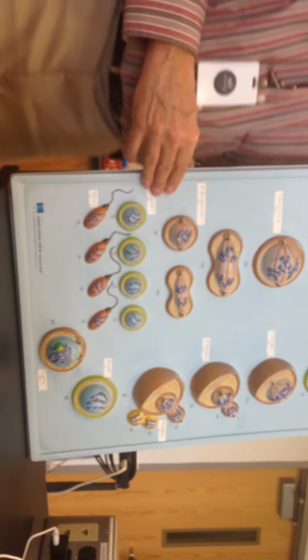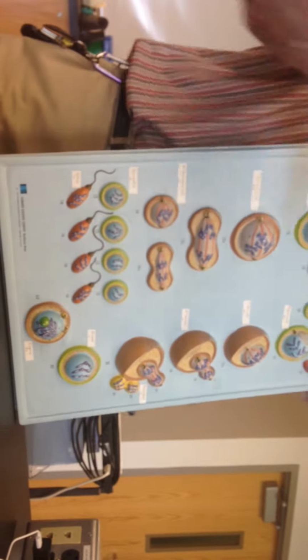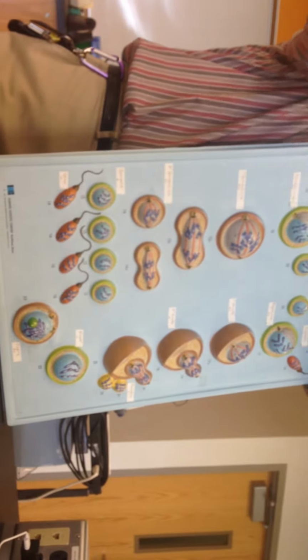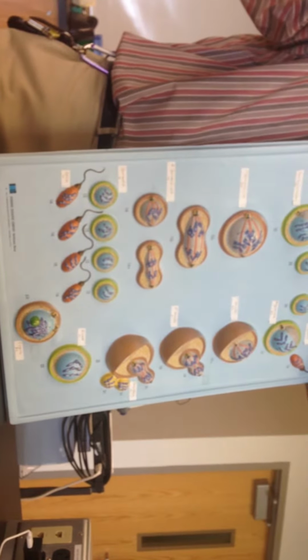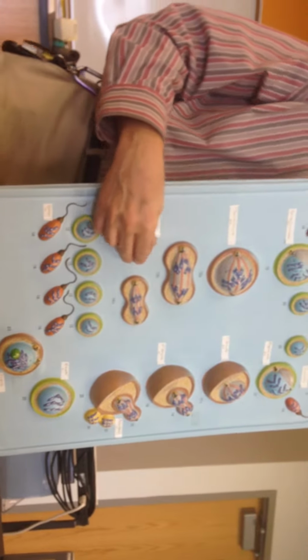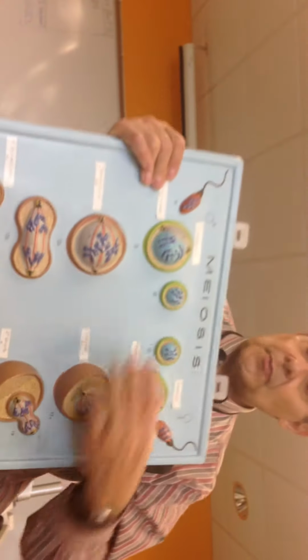Now what's happening in meiosis 1? The homologous chromosome pairs, which are lined up side by side in metaphase, simply separate one from the other and go to opposite poles. What did we start with up here? How many chromosomes in this cell? It's a diploid cell. These purple things are chromosomes.